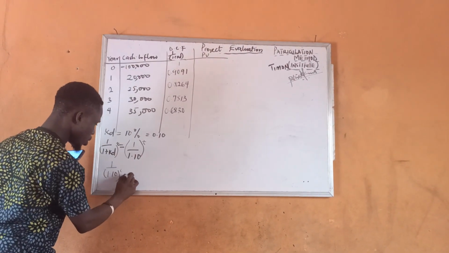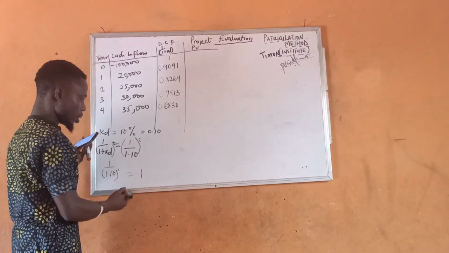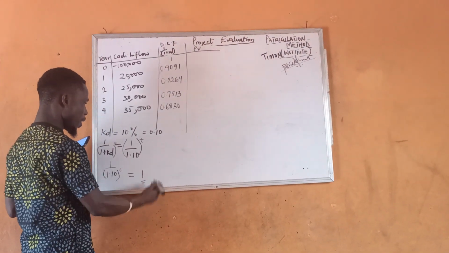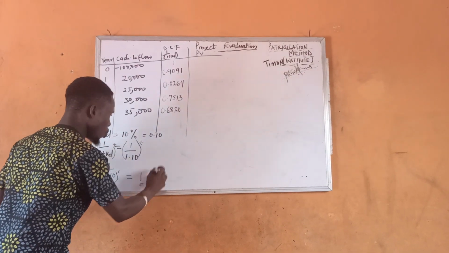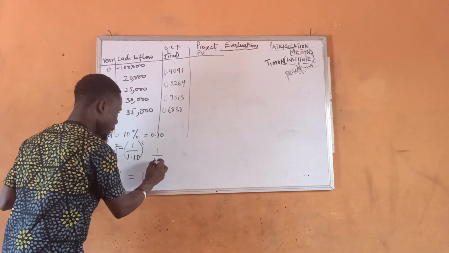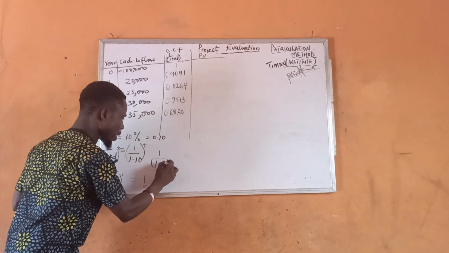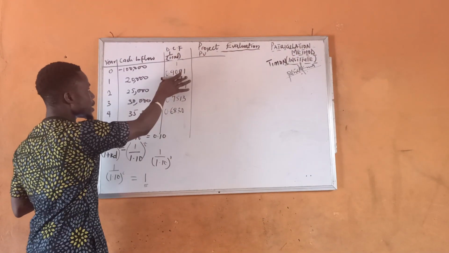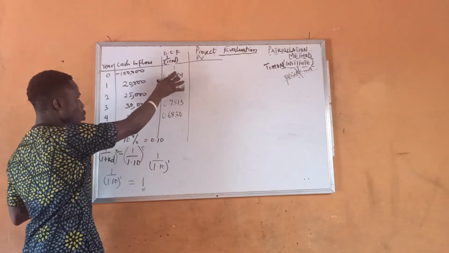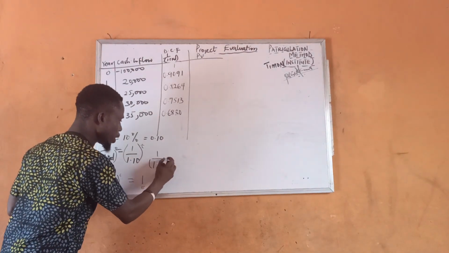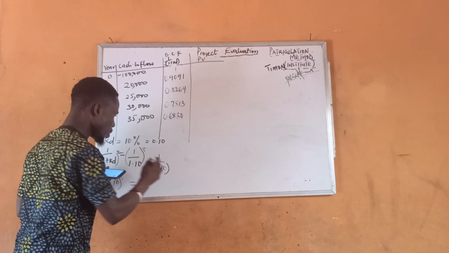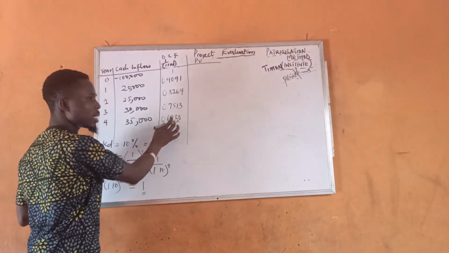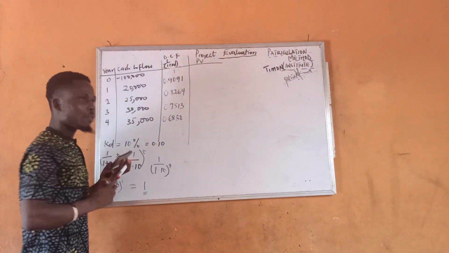Raised to power 0 is equal to 1. Then I do the same thing in this case: 1 over 1.10, close bracket, raised to power 1, and I get this value. You also do this, changing the 1 to 2, and so on until the last year, which is the 4th year. Now, this is how to get the discounting factor.